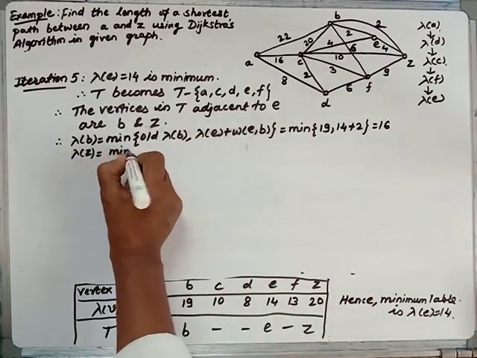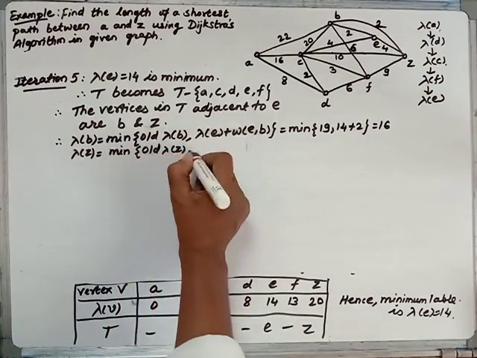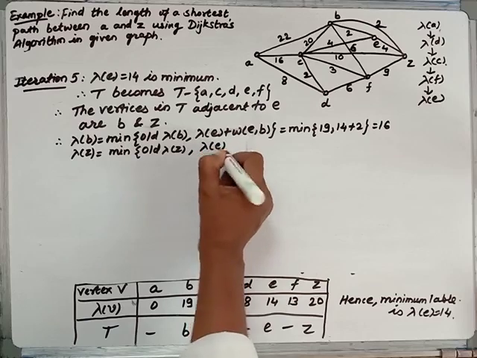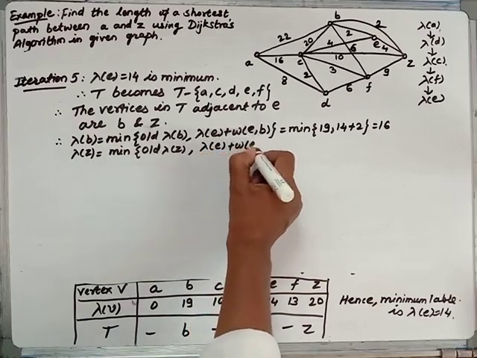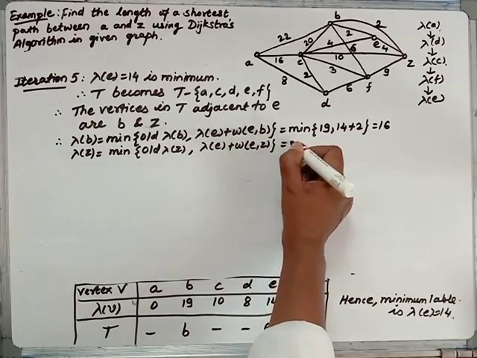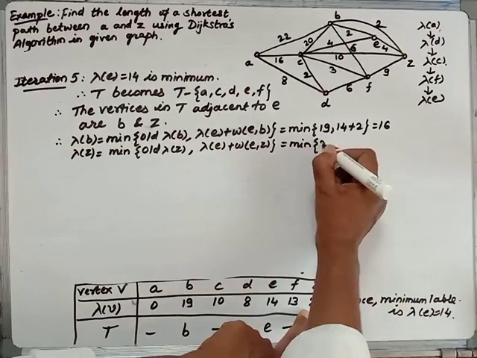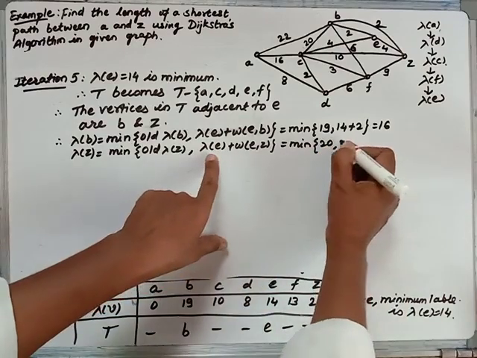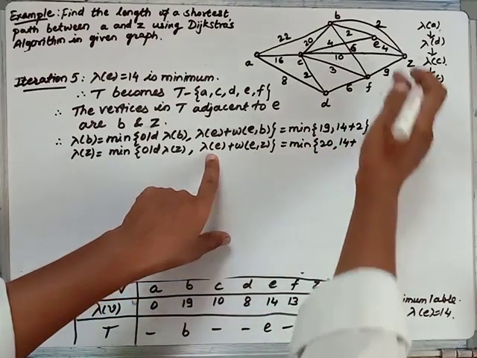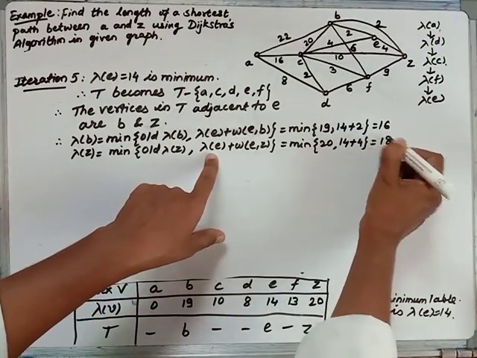Minimum of old lambda of Z, then lambda of E plus weight of an edge from E to Z. So it is minimum of old lambda of Z is 20 and this is 14 plus how much? 4. So this is 18 now.